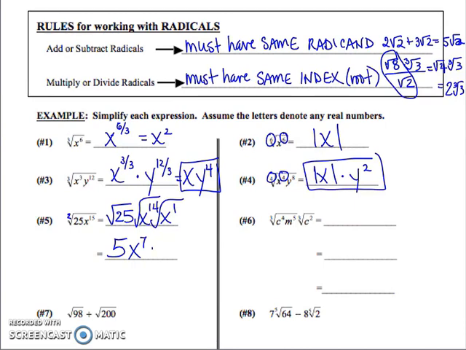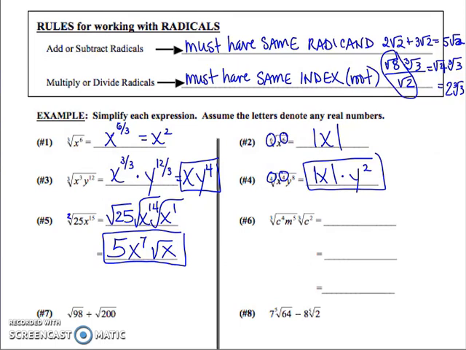All right, number 6, we're going to have some similar things going on. We've got the cube root of c to the 4th m to the 5th times the cube root of c squared. There is more than one way that you can do this. I'm going to start by breaking everything apart, and then I'm going to bring things back together.